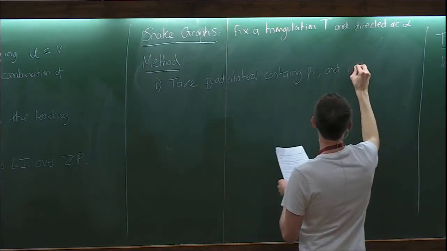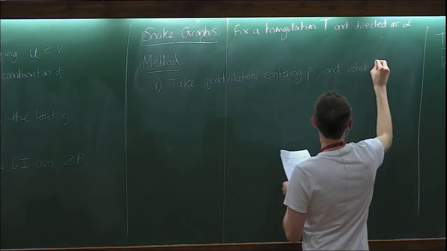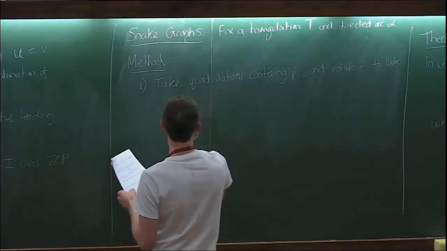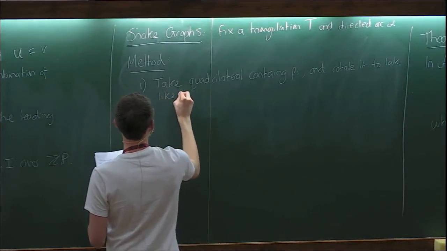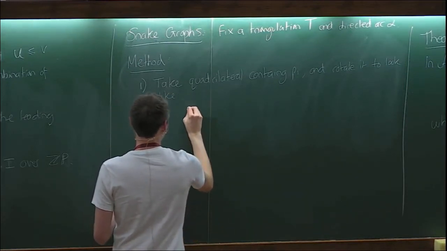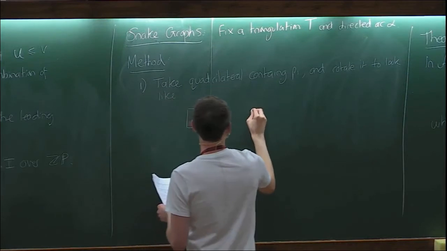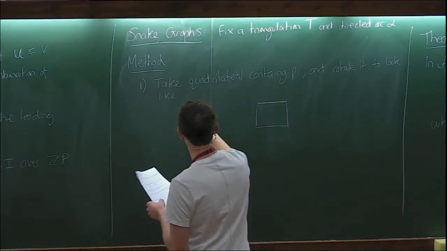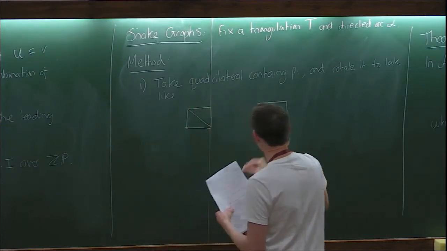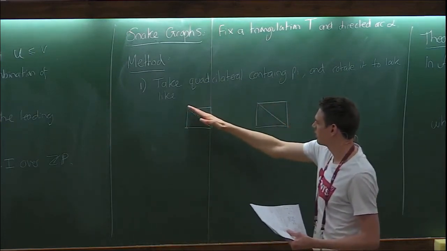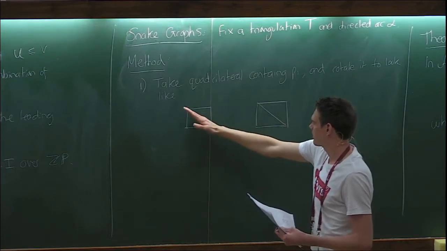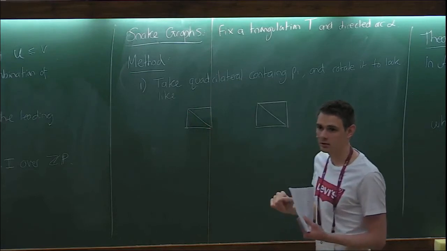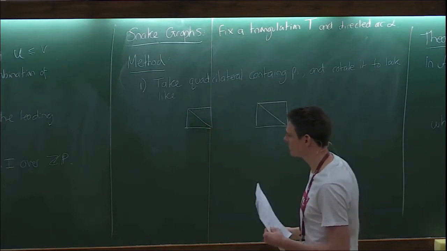Well, we're going to rotate it to look like one of the following pictures. The arc that we're intersecting is the diagonal of this quadrilateral, and it's rotated like this.